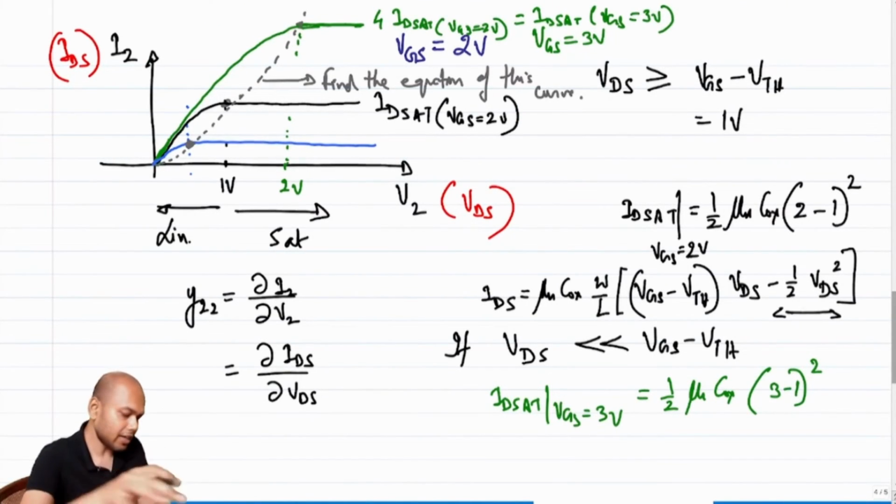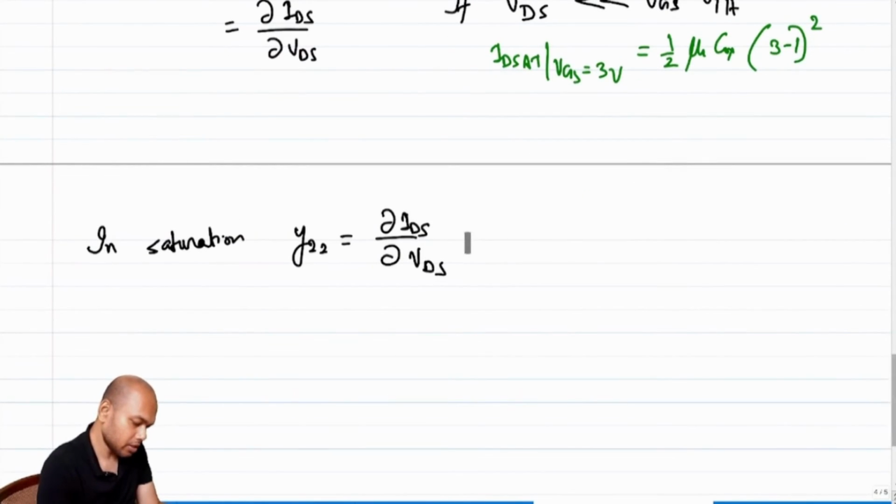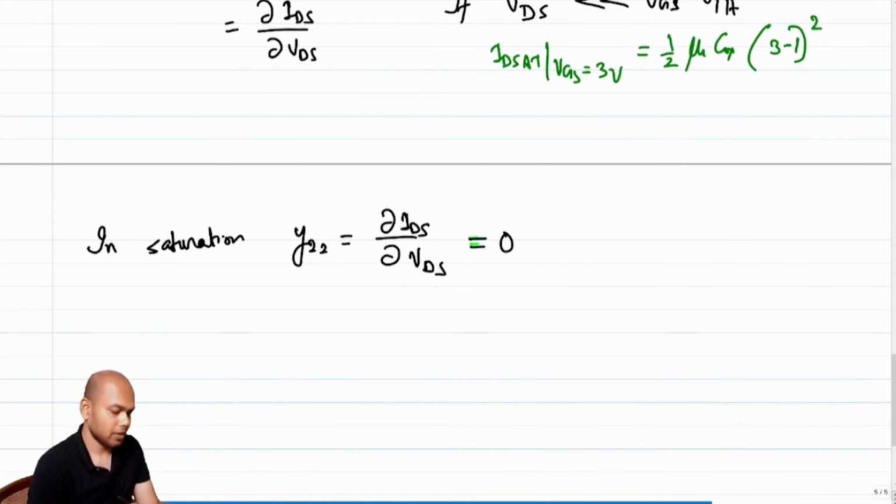So IDS is flat. In saturation, your IDS is flat, doesn't change with VDS, which means y22 is 0, right?